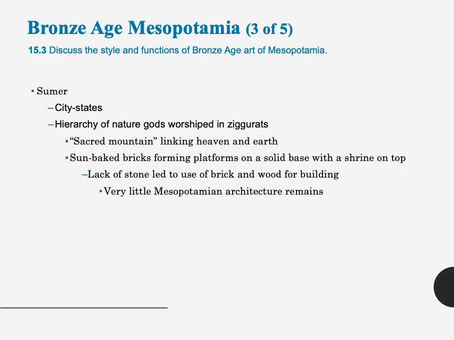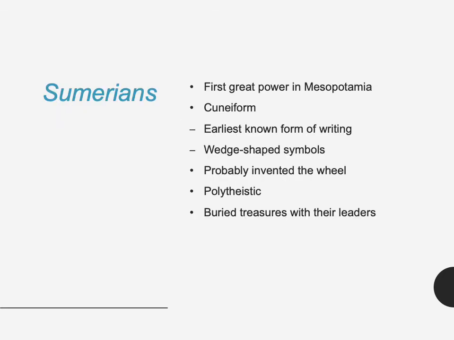The first government that we see is Sumerian. The Sumerians were the first people that started the writing system. Cuneiform is the first writing system that we see.